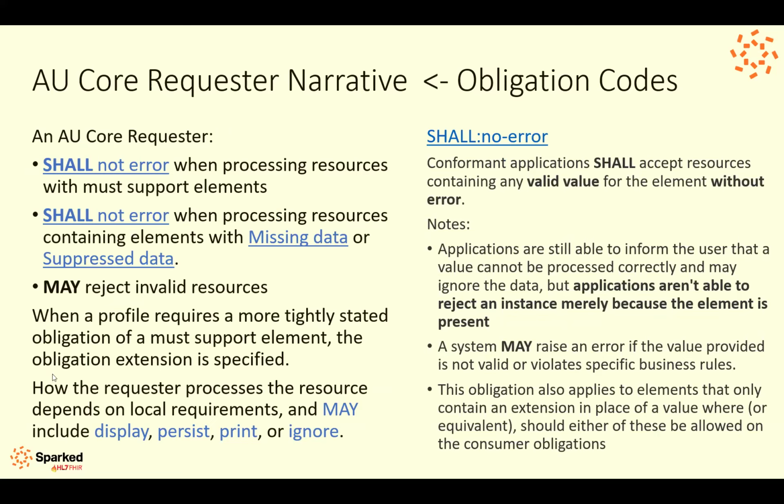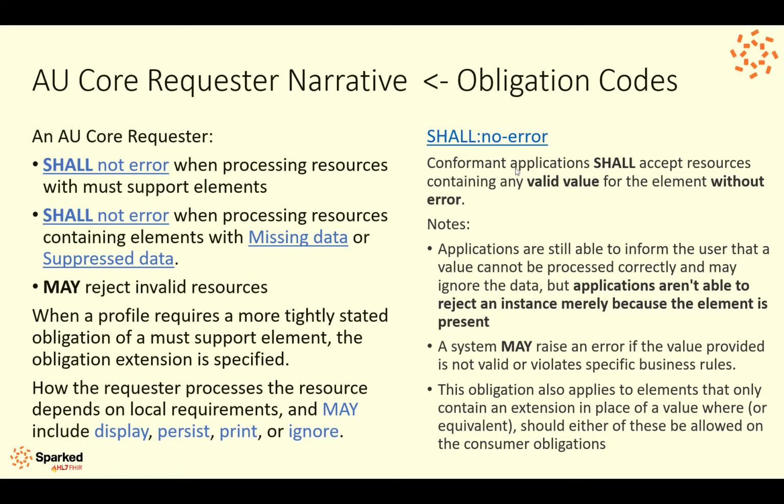Where you say when a profile requires a more tightly stated obligation of a must support element, the obligation extension is specified. I'm interested to know what more tightly stated means, and if there is a case where the obligation applies but the extension isn't used, why that's the case.